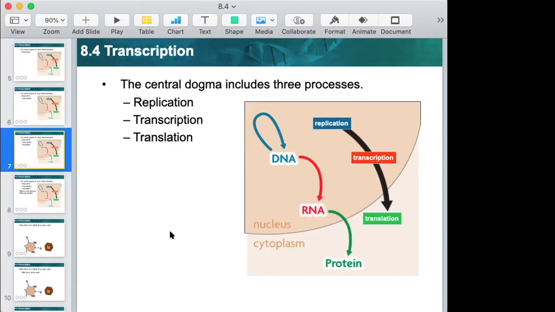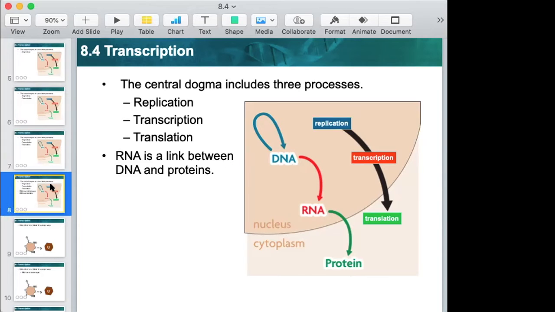And then tomorrow we'll talk about translation. Actually, Friday we'll talk about translation, where you then use RNA to make protein. RNA is a link between DNA and proteins. So there's a middleman between DNA and proteins, and DNA has to convert into RNA first before proteins are produced.